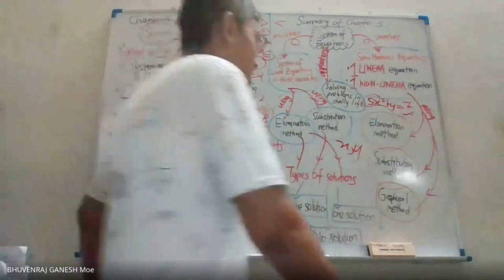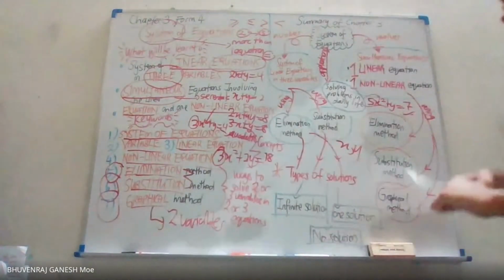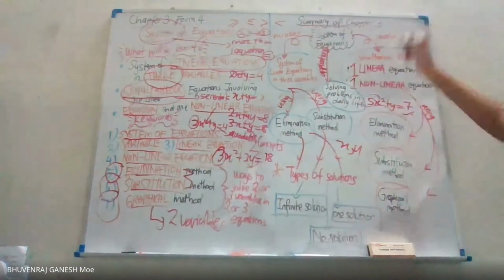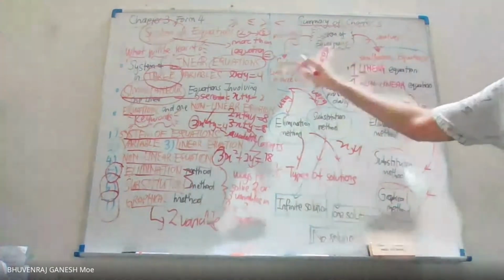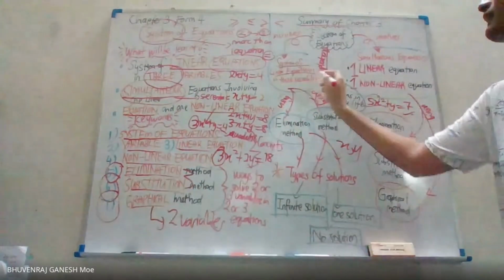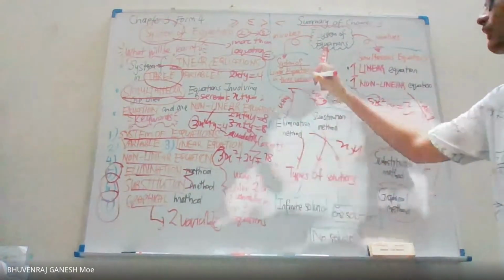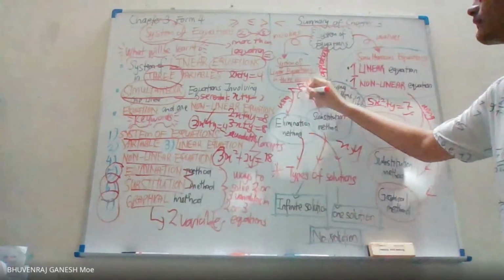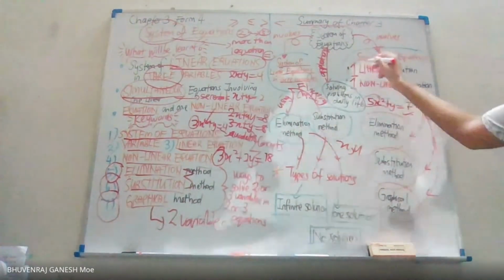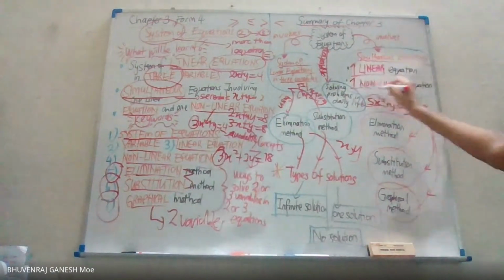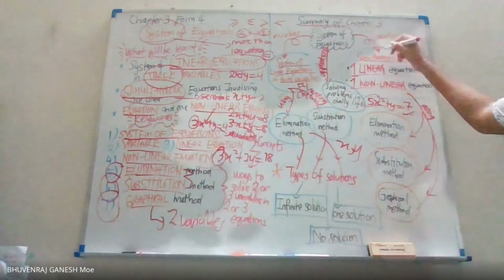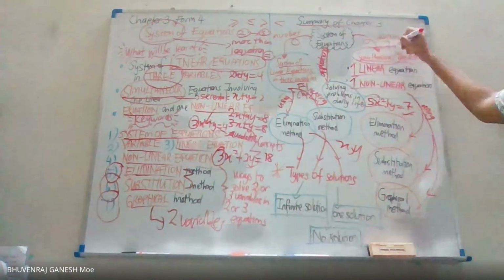So if we go straight to the summary of chapter 3, right? We jump straight away. We skip everything. So system of equations. It involves system of linear equations in three variables. This is what we are learning now. The form 4, chapter 3. And this is what you learn in your lower form, but they actually bring it here. Linear and non-linear, how to solve simultaneous, two equations only.